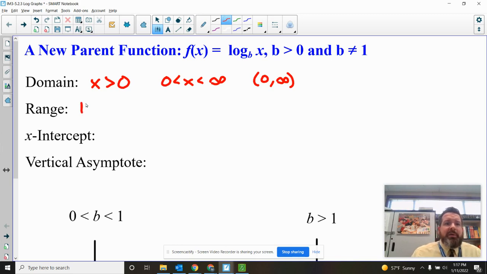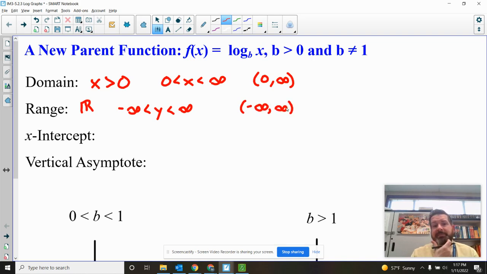This symbol, an R with an extra line, means all real numbers. You could also say negative infinity less than y less than positive infinity, or in interval notation, negative infinity to infinity with round parentheses on both sides. These three also all mean the same thing. X can be only positive numbers, y can be anything.